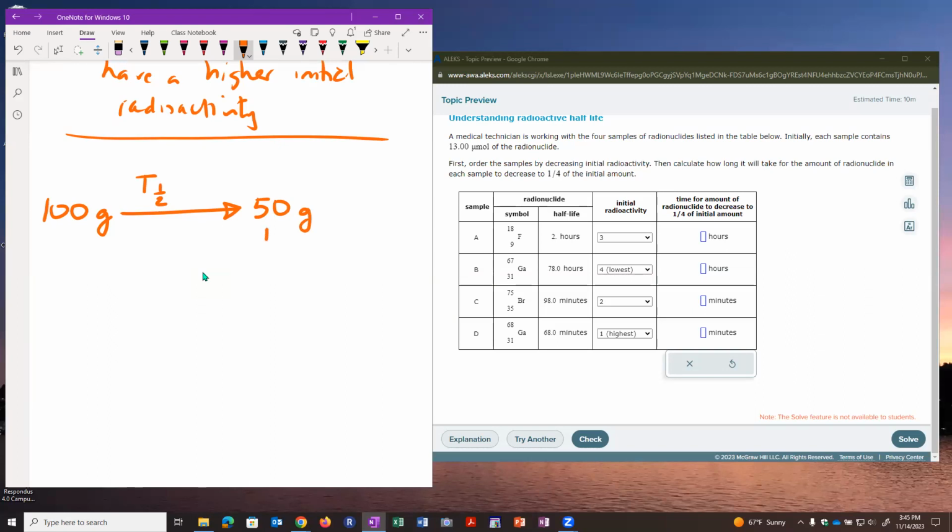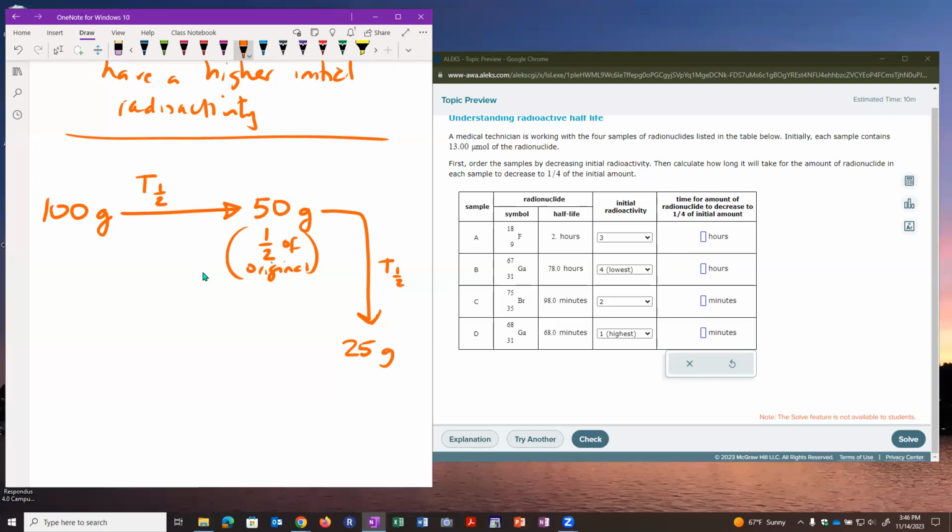So here I have 1/2 of the original amount. If another half-life is allowed to elapse, so another T 1/2, I will end up with 25 grams. Okay, so half now of the previous amount, which was half of the original amount.